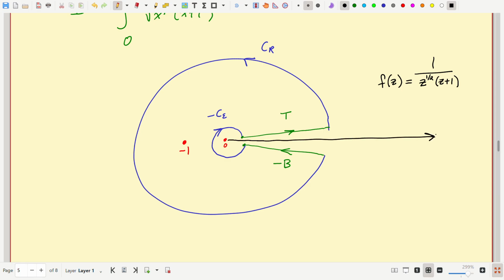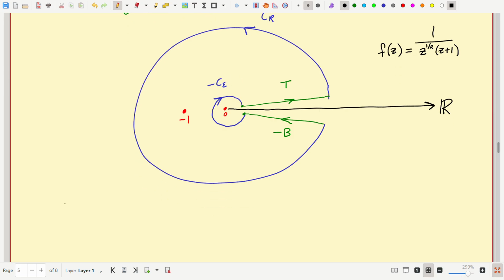So there's the real line. And I'm thinking, how in the heck can I use the residue theorem? I need my function to be analytic inside my simple closed contour. Okay? And so I have to choose the branch of my square root so that the real line is my branch cut.